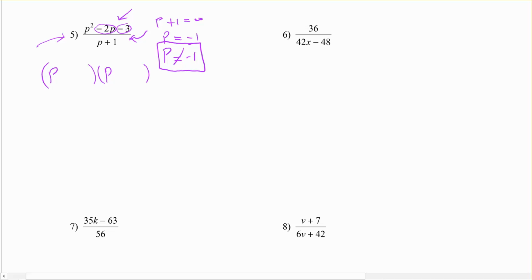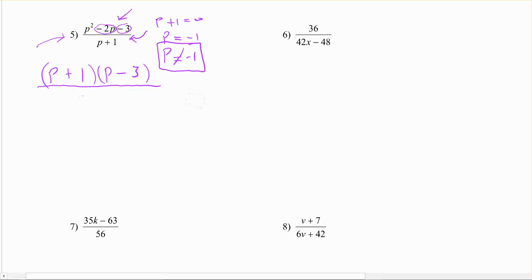Well, the only numbers that can multiply to 3 are 3 and 1, and then they need to multiply to -3, so one of these has to be negative, one has to be positive. So it's going to be -3 and +1. That way they both add to -2, right? -3 plus 1 is -2. So that would be factoring our top.